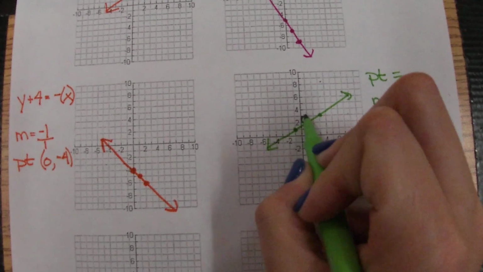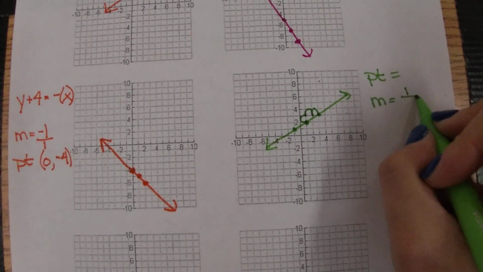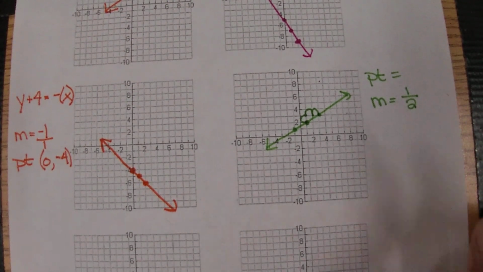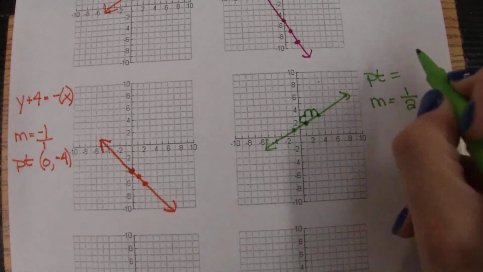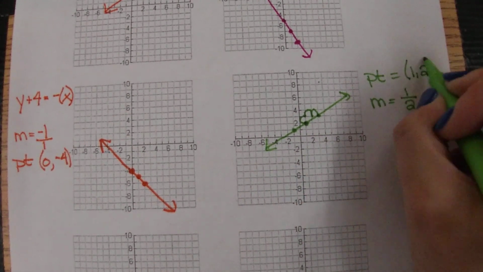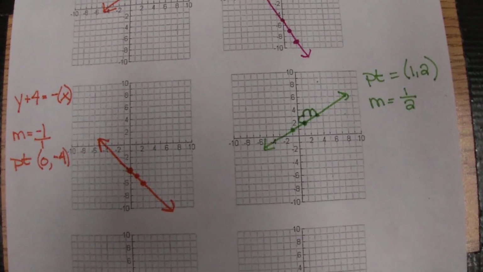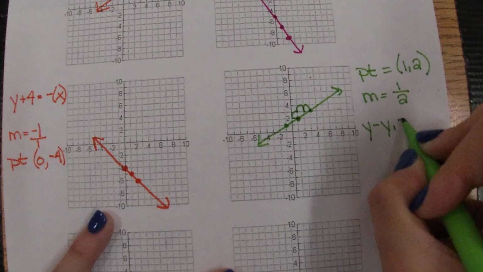Okay, so slope we know how to find. Slope we do rise over run. Up 1 over 2. Then we're just going to name any old good point that we see on here. So I don't know, here's a point right here. I name it as (1, 2). So I looked at my graph, I pulled out my information, and now I'm going to plug it into point-slope form.